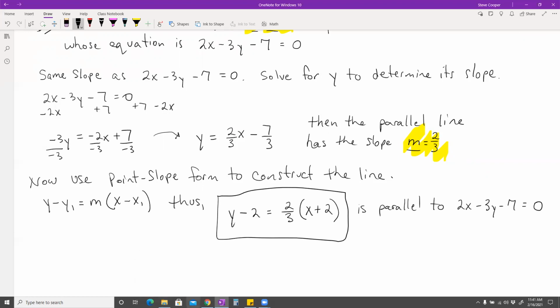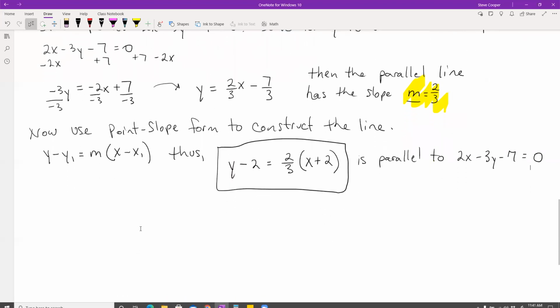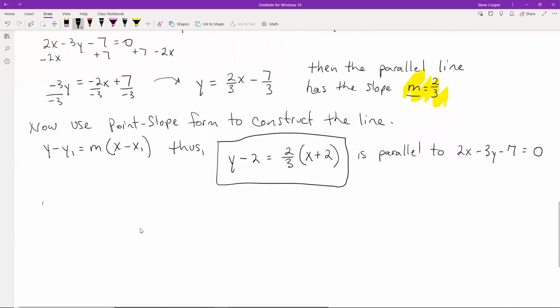Now let's rewrite our line, y minus 2 equals 2/3 times the quantity x plus 2, into general form. Okay, so that way it looks like this one.